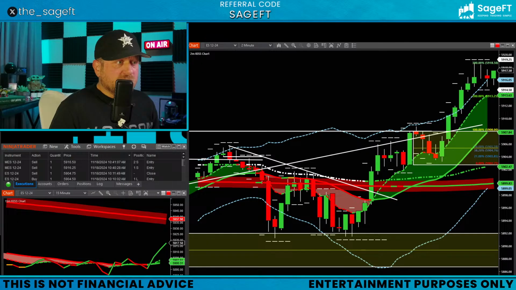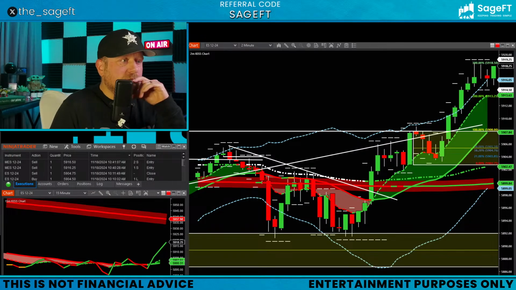But this is in the sell side liquidity zone or buy side liquidity zone. There's a hole at 1625, and that'll be a tough hole to fill.